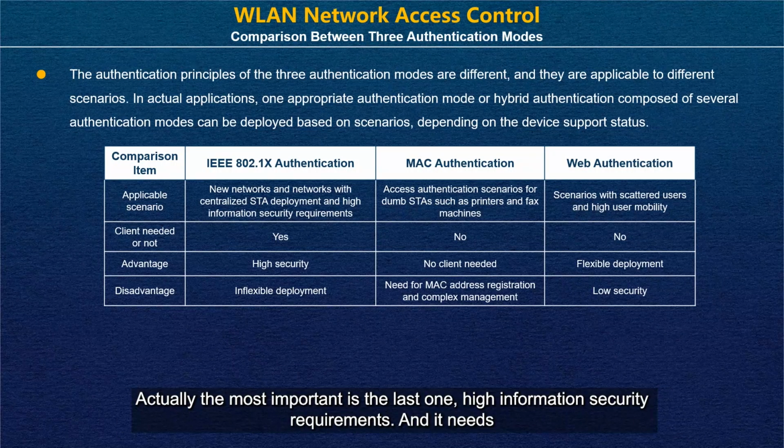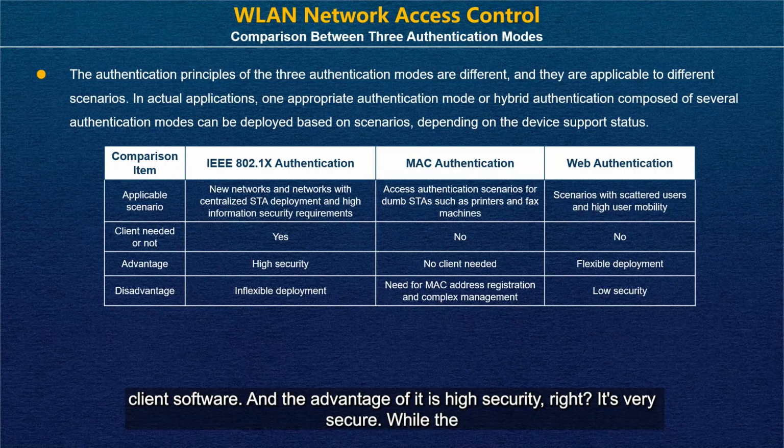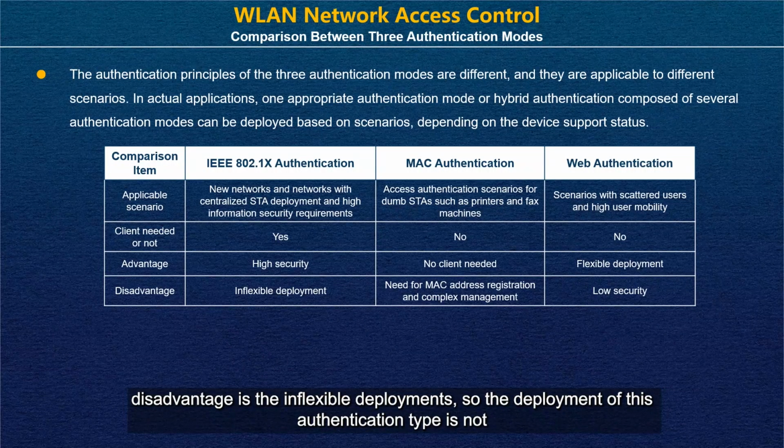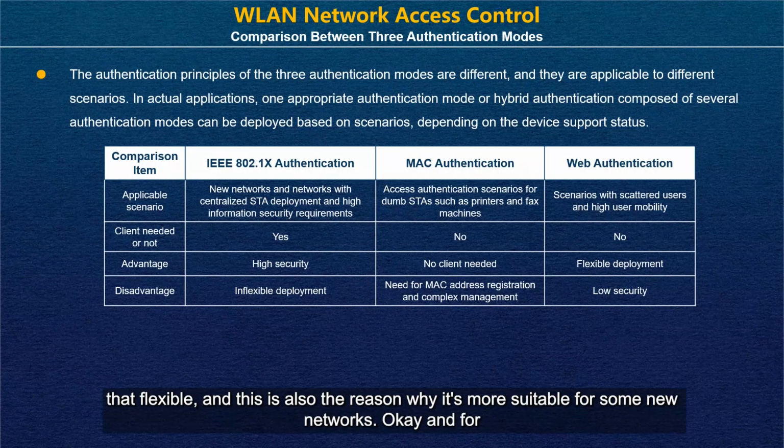Actually, the most important is the last one, high information security requirements. And it needs the client software. And the advantage of it is high security, right? It's very secure, while the disadvantage is inflexible deployment. So the deployment of this authentication type is not that flexible. And this is also the reason why it's more suitable for some new networks.